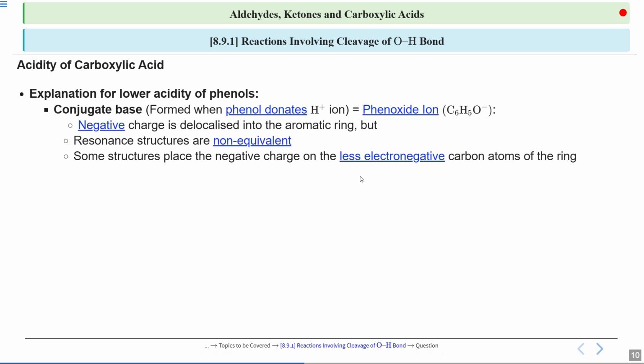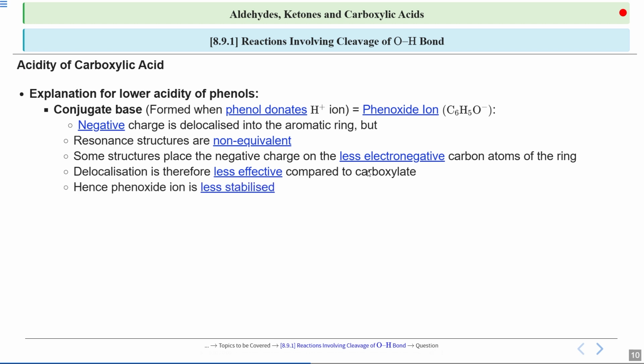This is not ideal because carbon does not hold negative charge as effectively as oxygen can, because carbon is less electronegative. Because of these non-equivalent resonance structures and the placement of the negative charge, the delocalization of the charge in the phenoxide ion is less effective. This means the ion is not as stable as it could be. As a result of this lack of delocalization, the phenoxide ion is less stabilized.